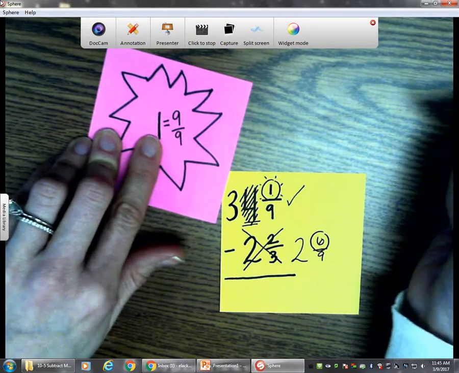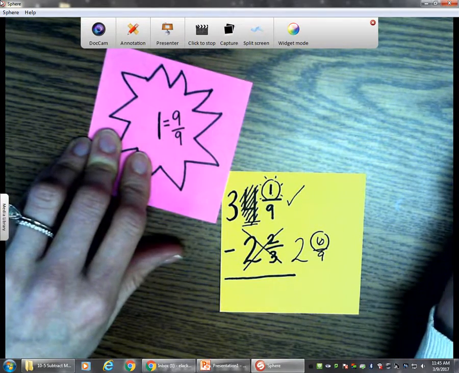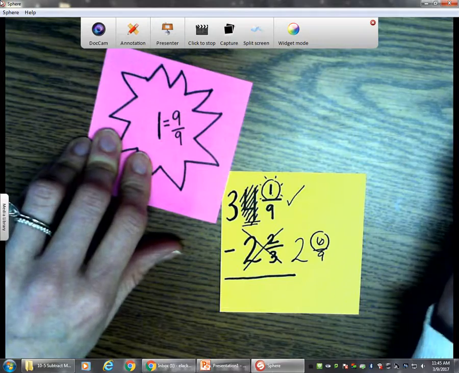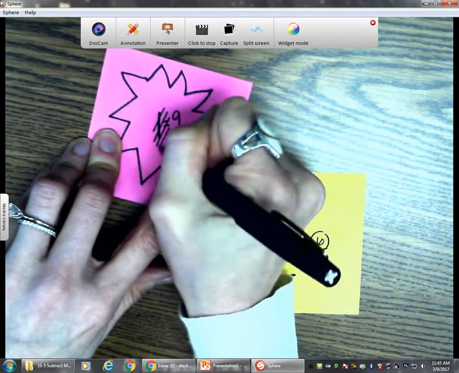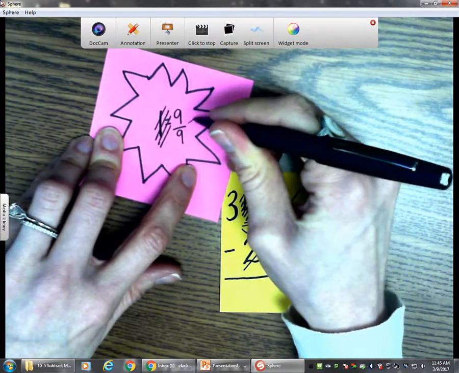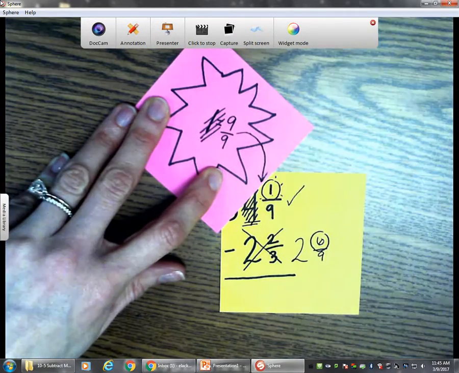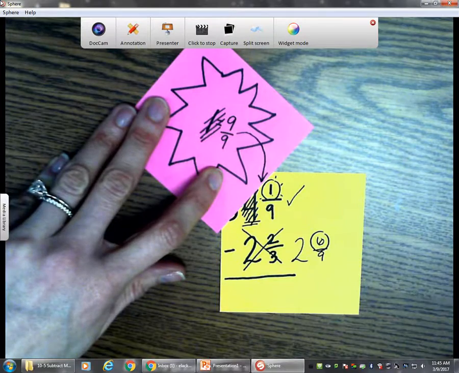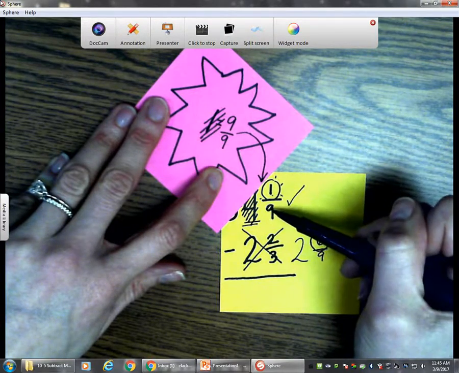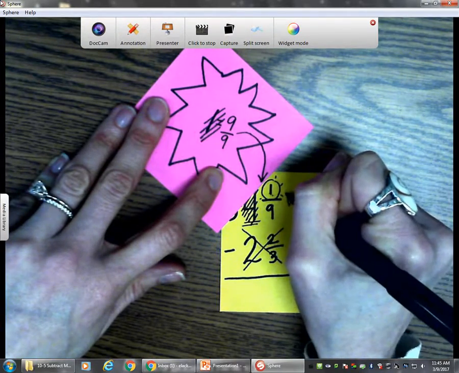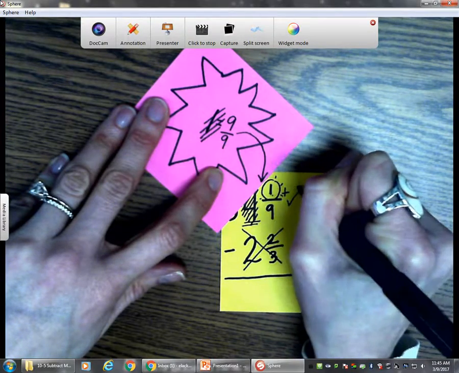Is 1 whole the same thing as 9/9? It is. So what if I take this whole and now, like magic, I dump it into the numerator? So I had 1/9, and now I'm adding 9/9.